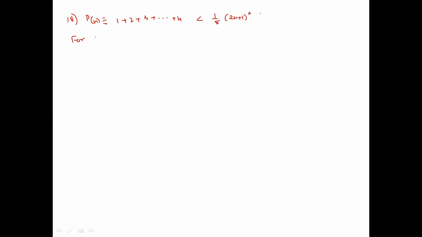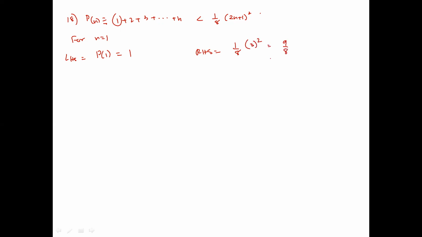First, for n equal to 1, we will take P of 1. That is only the first term 1. So this is the LHS. For the RHS, put n as 1: 1 by 8 into 2 plus 1, 3 square.